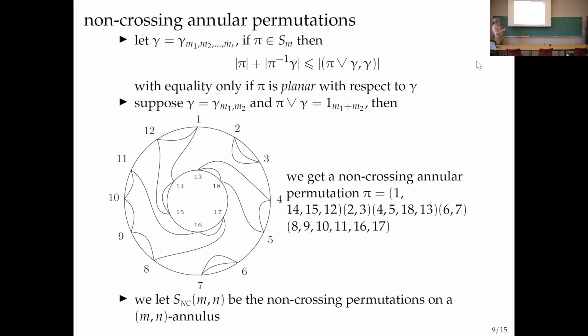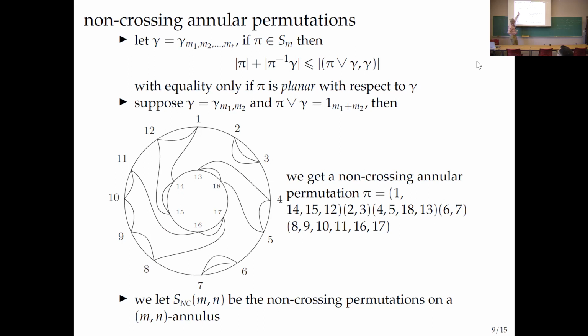I just repeated this inequality from before, but now let's just do the case where you only have two things. So I'm going to suppose that pi sup gamma is only one block. That's equivalent to saying that there's a through cycle, right?